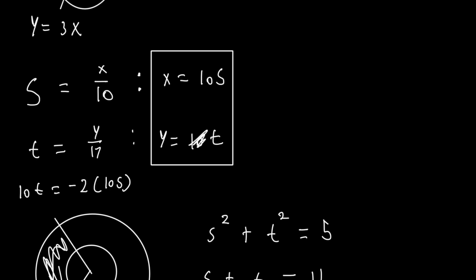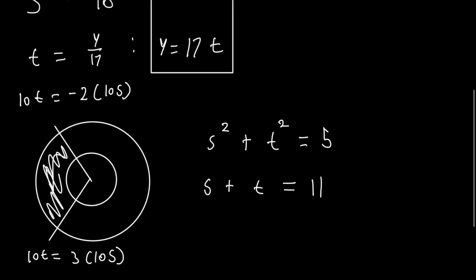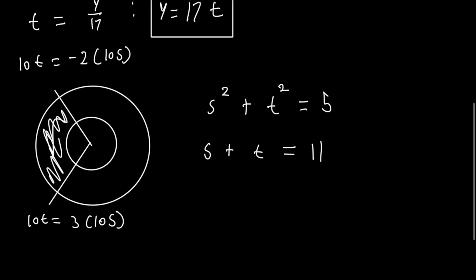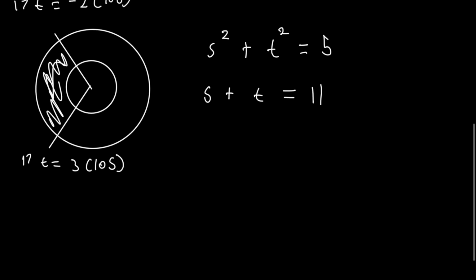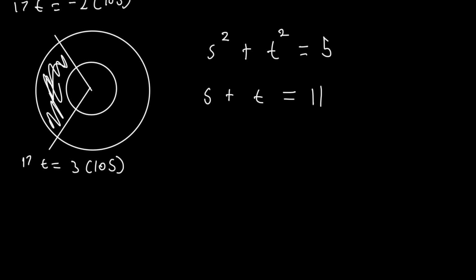I am so sorry, this is 17. Sorry if I threw you off. Anyway, this should be 17. So now that we have this, let's do one more thing. I don't like having that number next to t, so I'm just going to move that 17 across on both sides.